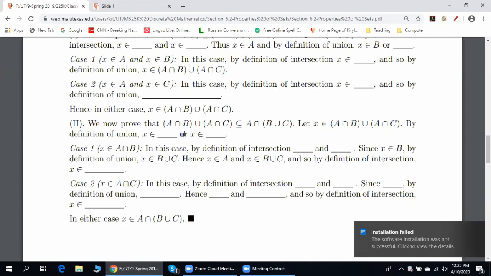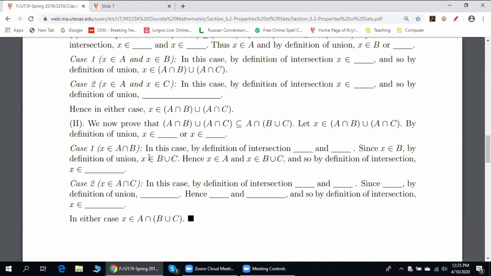Since here we have or, we consider two cases.